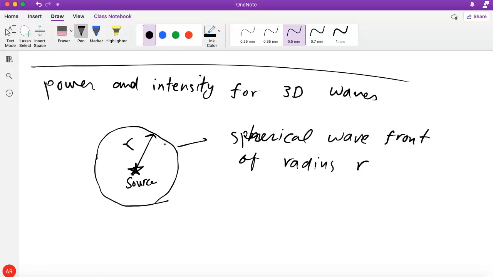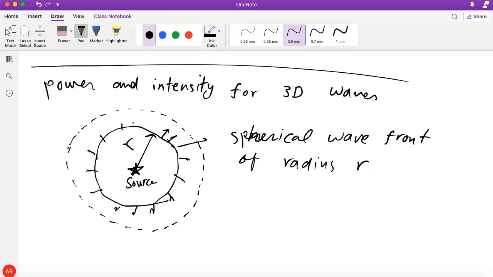So what happens is, well, energy is conserved, right? So the energy that enters, let's say, a region here, there's some energy that passes that cross-section at that distance. And there's some energy that passes this cross-section that's bigger, like it's a bigger surface area at a larger distance.